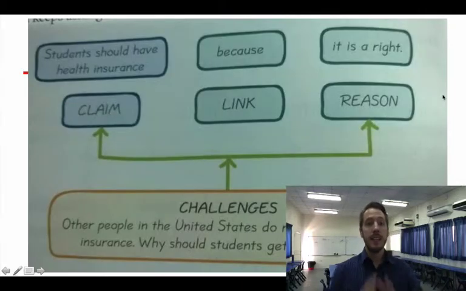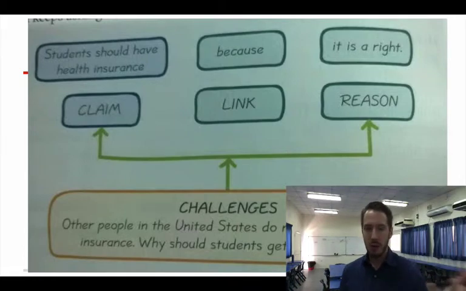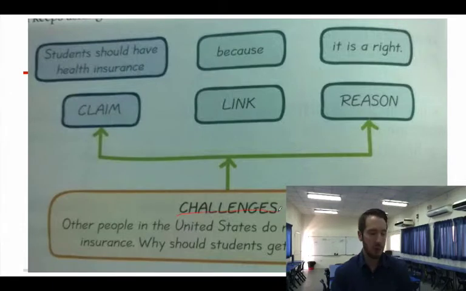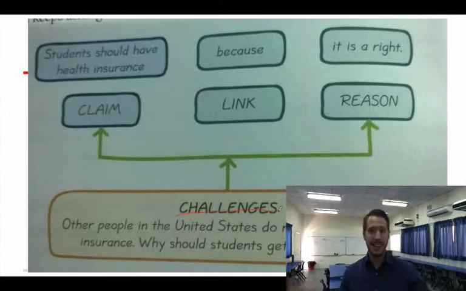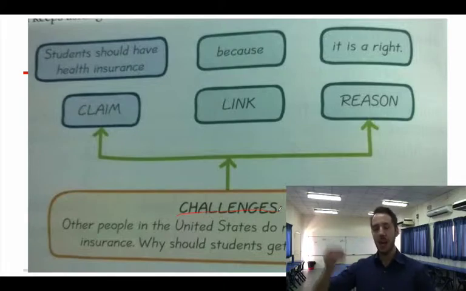Now, the important thing to think about, let's say we take that claim and that reason. You always have to think about challenges to that. If all you do is write an argumentative essay and say, here's my claim, here's my reasons, doesn't that all sound really great? I'm going to say, no, that doesn't sound great. You haven't taken into account any possible counter arguments to your claim.